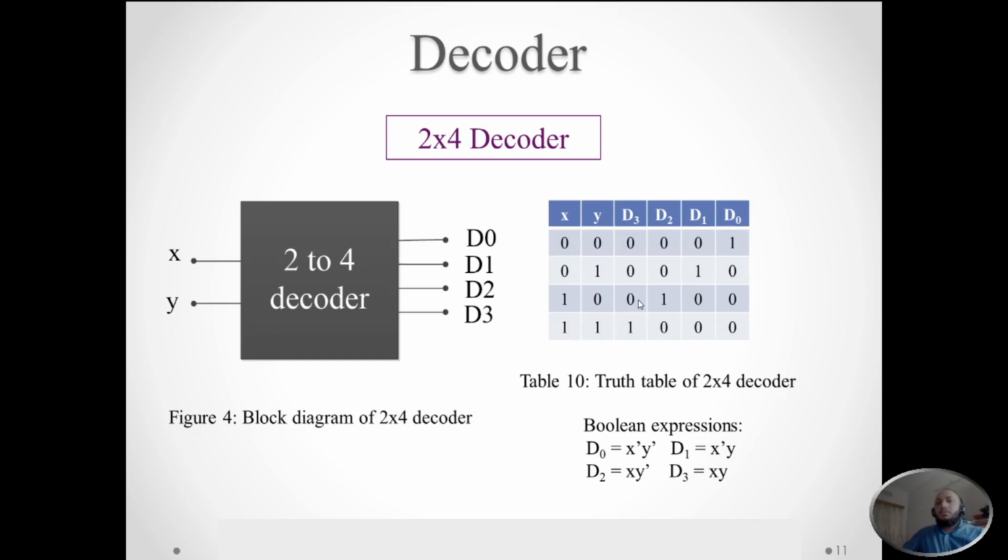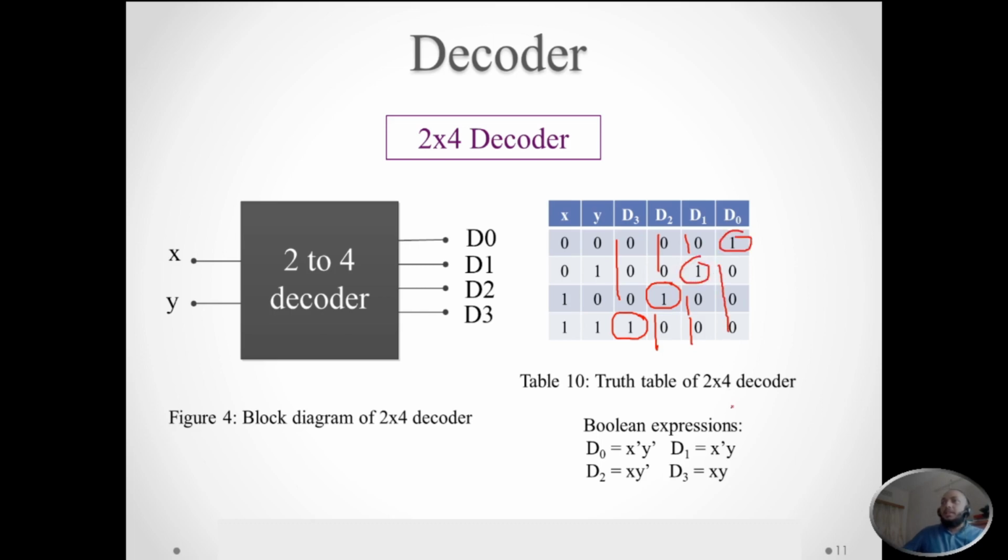Each of the 4 outputs got 1 only once. That means D3 has a single 1, D2 has a single 1, D1 has a single 1, and D0 has a single 1.